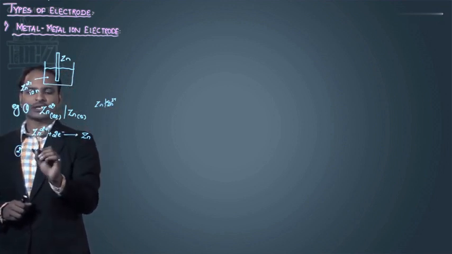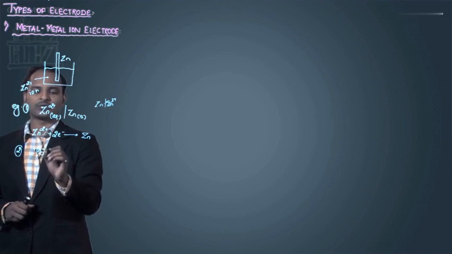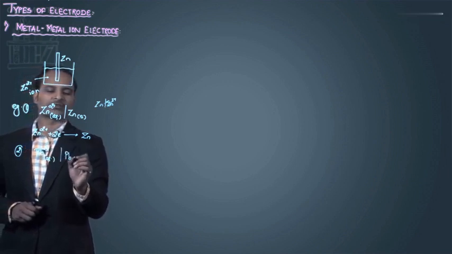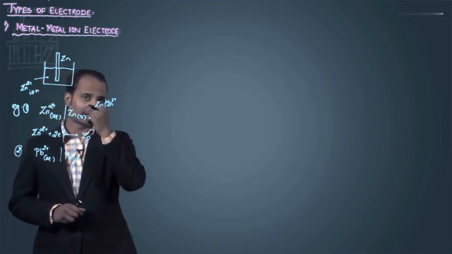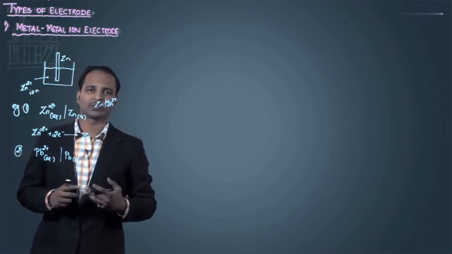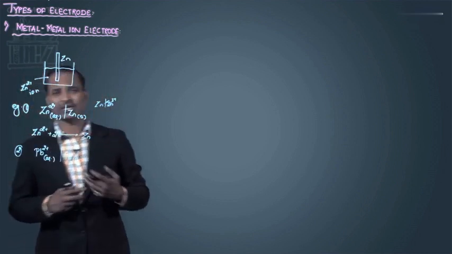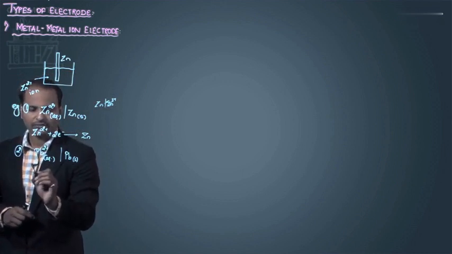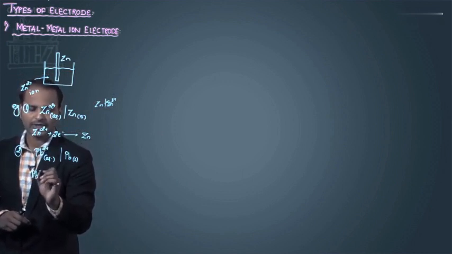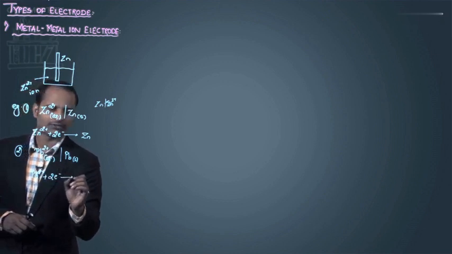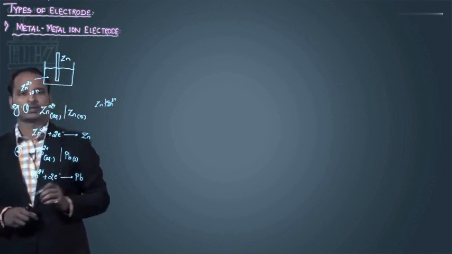Similarly, another electrode is Pb2+ and Pb. That is a lead electrode which is placed in a solution containing lead ions. That is, Pb which is placed in PbCl2, lead nitrate, lead sulfate or lead phosphate. So here again the reaction will be a reduction reaction: Pb2+ plus 2 electrons gives Pb.